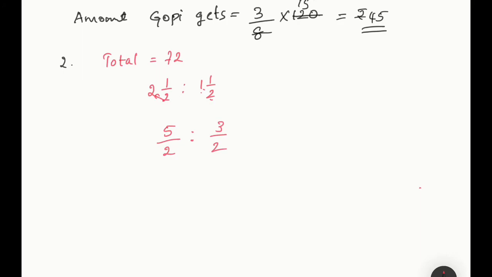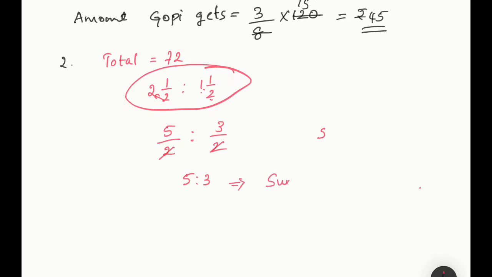Since these are ratios, I can cancel this 2 and 2. So finally I get 5:3. We could simplify the given ratio into that form.